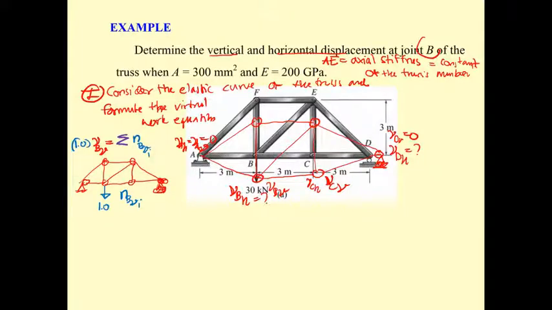And this one is going to produce N sub i. This one will be N sub i, times N sub i, and then what we have is L sub i divided by A sub i and E sub i. That is for the vertical displacement at B.